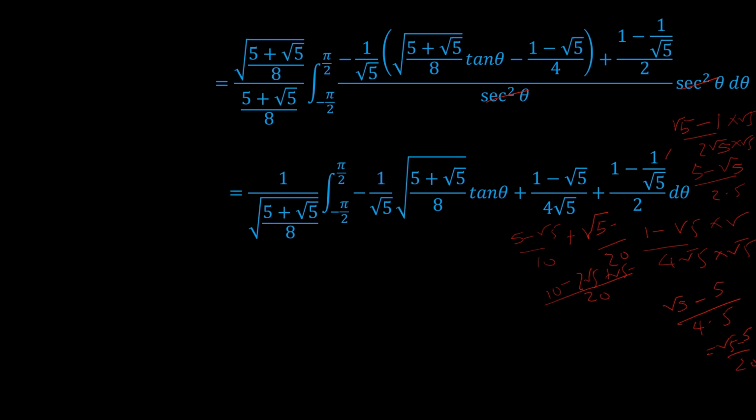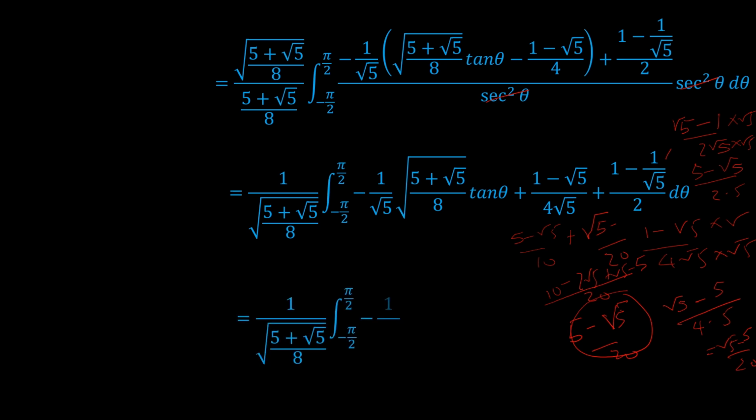So we get 5 minus root 5 over 20, right? And so substitute here in place of this convoluted stuff that we have here. So 5 minus root 5 over 20. So this is what we have here.